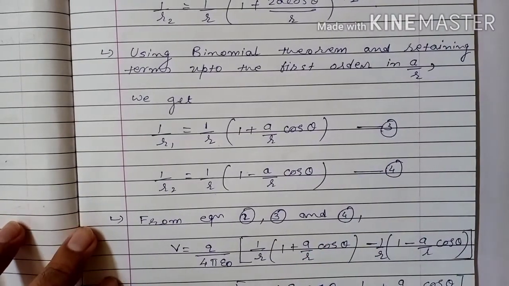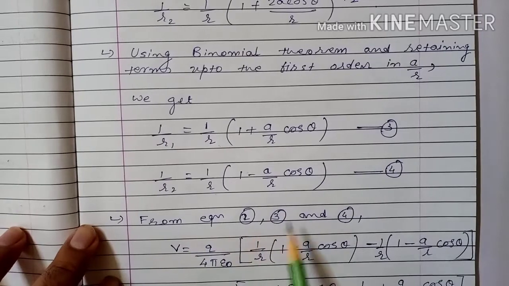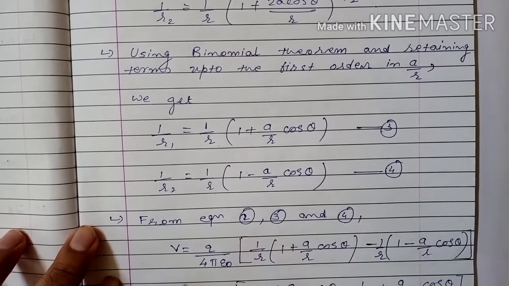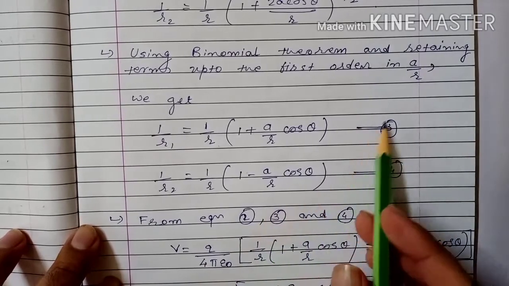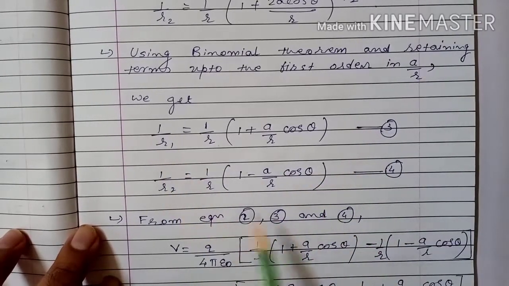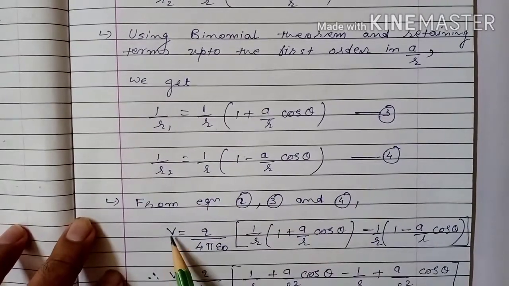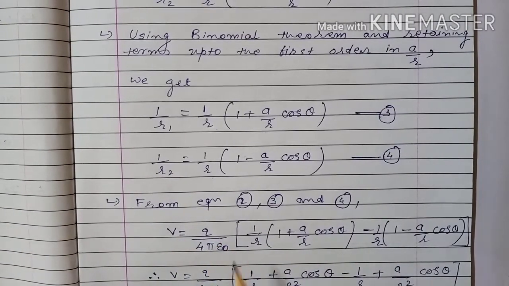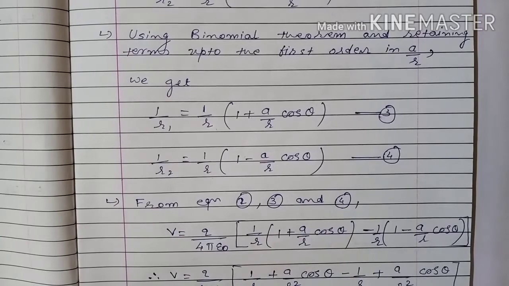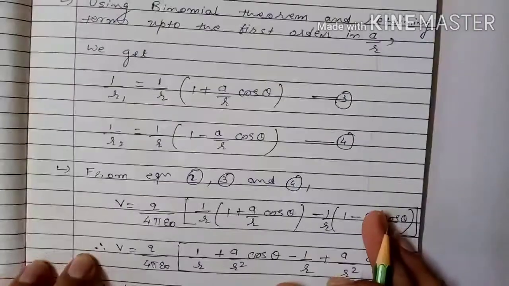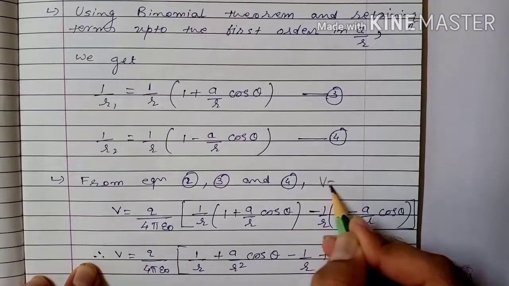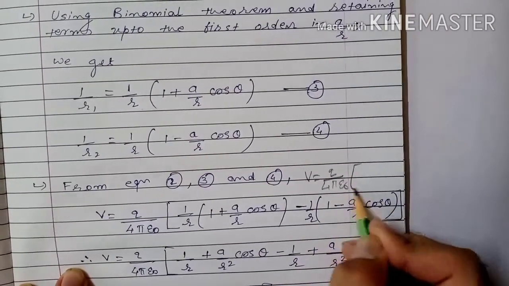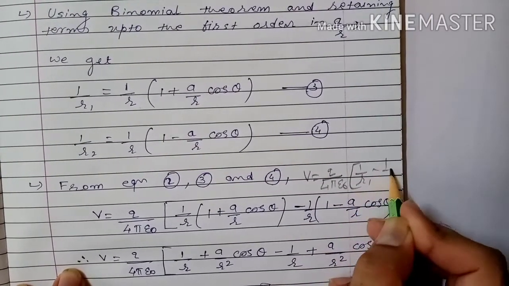Equation number 4. From equations 2, 3 and 4: equation 2 is the equation of potential at point P, and equations 3 and 4 give 1 upon r1 and 1 upon r2. So the potential at point P can be written as V is equal to Q upon 4 pi epsilon naught, 1 upon r1 minus 1 upon r2.